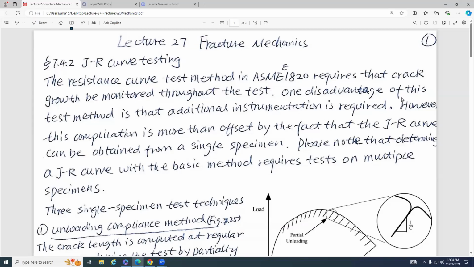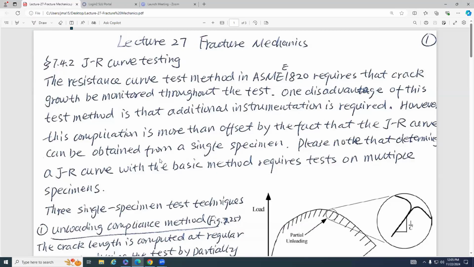Today we continue our talk about the JR curve and how to experimentally obtain it. There are several ways.